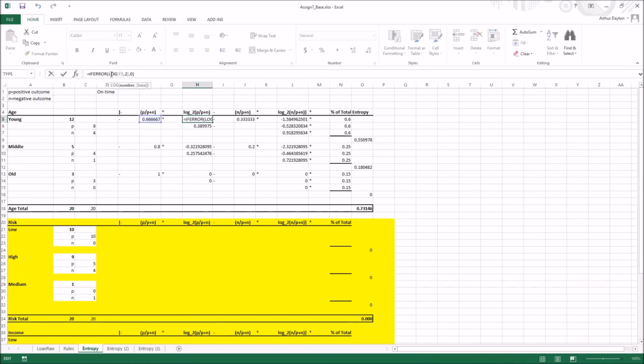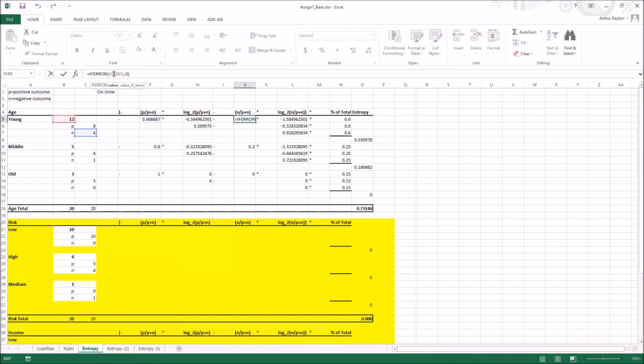We are using the log function inside of Excel, and we are referring to our positive outcomes divided by total outcomes with a base of 2 to return the value that we would have to raise the number to, or the exponent we'd have to apply to the number 2 to get the value of our positive outcomes divided by our total outcomes.